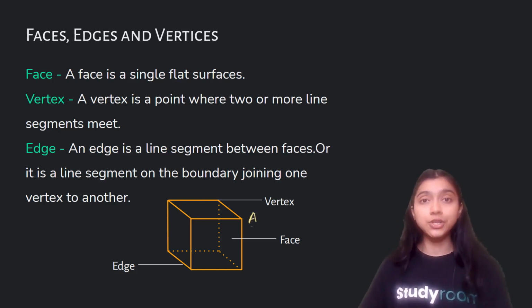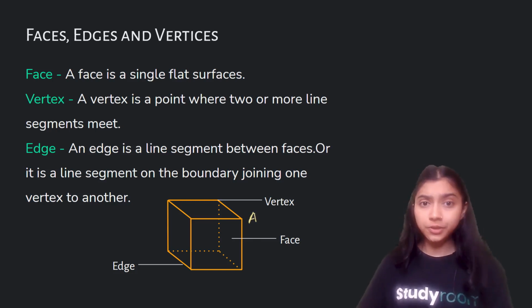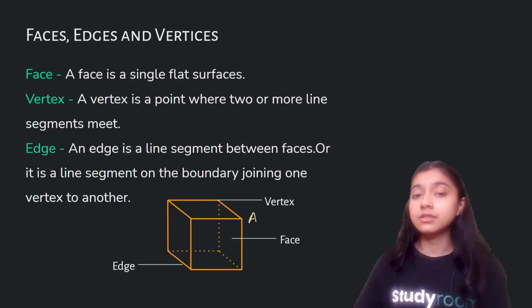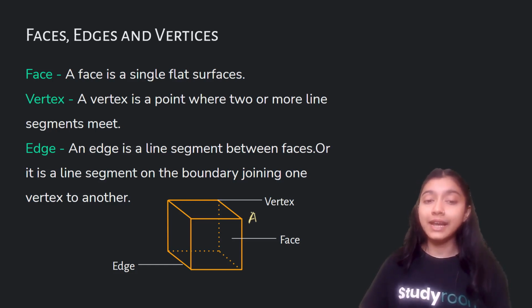Now we have edge. What do you mean by an edge? An edge is a line segment between 2 faces. Now I taught you a face. Face means a single flat surface. So let us consider in this cube, we have this front face and we have this back face. So I told you that an edge is a line segment joining these 2 faces. So the front face and the back face are joined by this line segment.